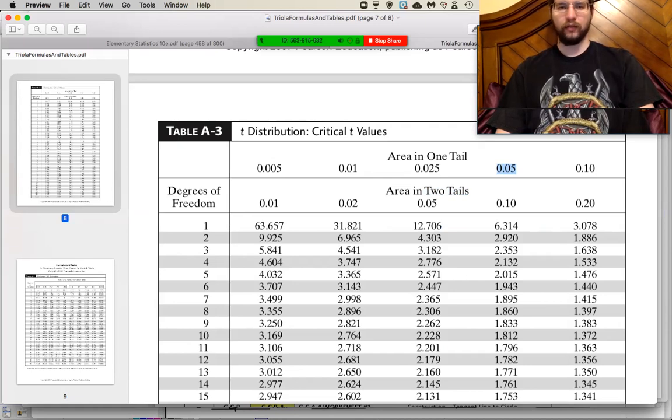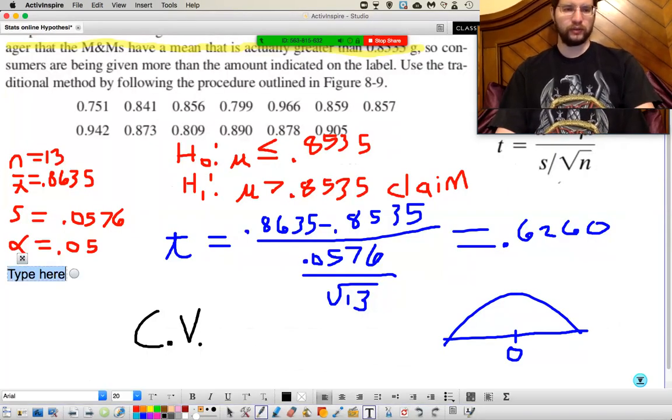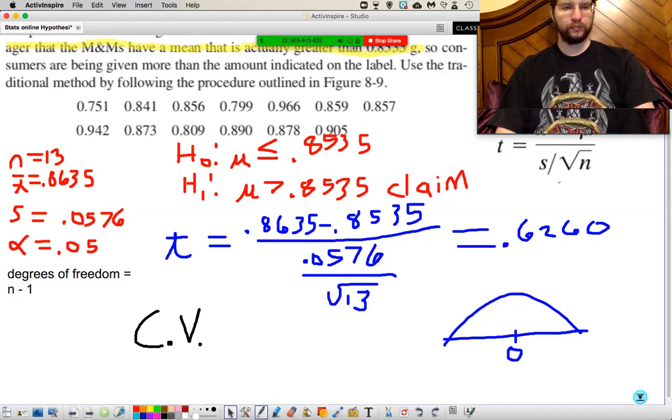Now, for the left side, the degrees of freedom. Let me write that down because you probably forgot from whenever we did confidence intervals. Degrees of freedom equals n minus 1. There are cases when that's not true, but for this class, for our one sample, one population, one proportions, we're just doing n minus 1.